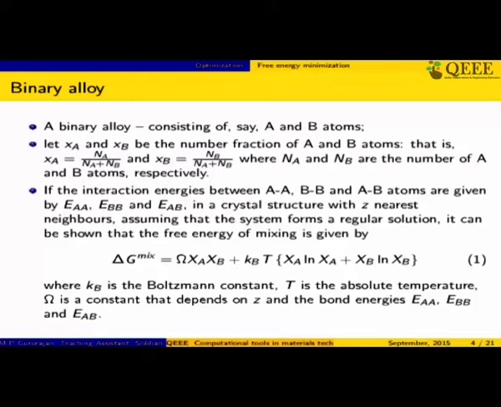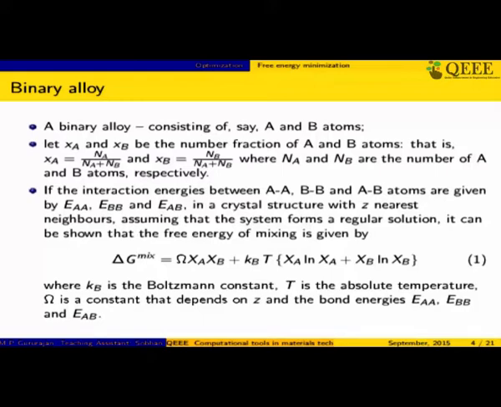In a crystal structure with Z nearest neighbors, and assuming that the system obeys a regular solution model for its free energy, the free energy change associated with mixing the A and B atoms on this lattice is given by omega XA XB plus KB T times (XA ln XA plus XB ln XB), where KB is the Boltzmann constant, T is the absolute temperature, and the constant omega, which is known as the regular solution parameter, depends on Z and the bond energies EAA, EBB and EAB.